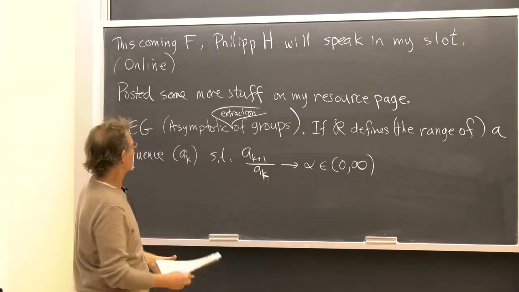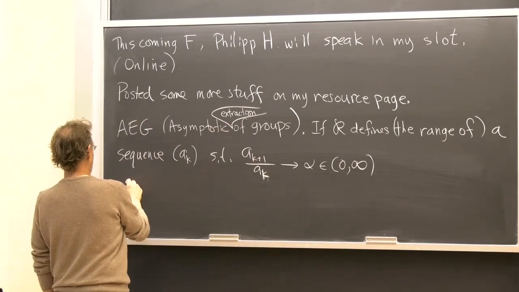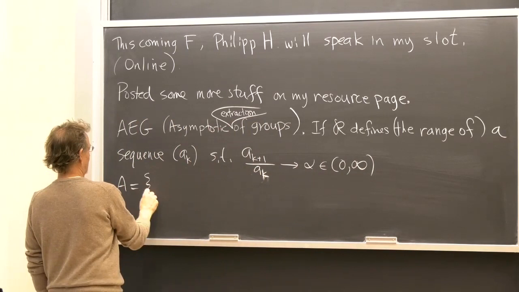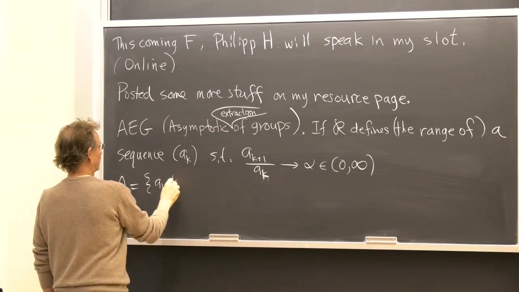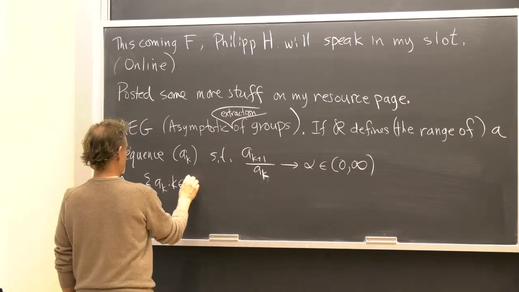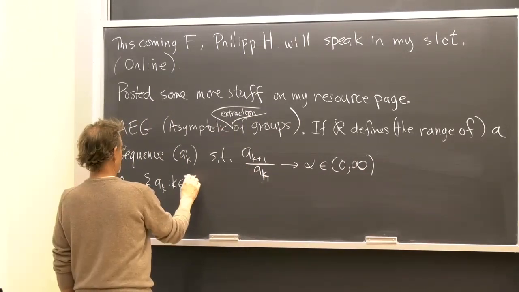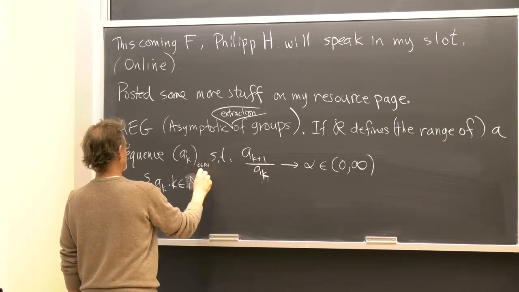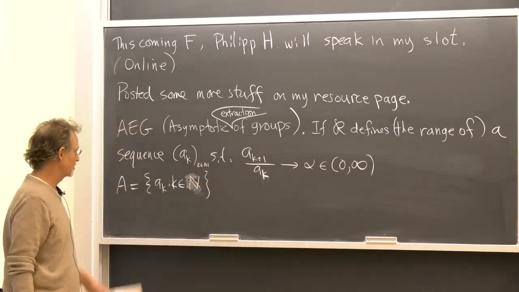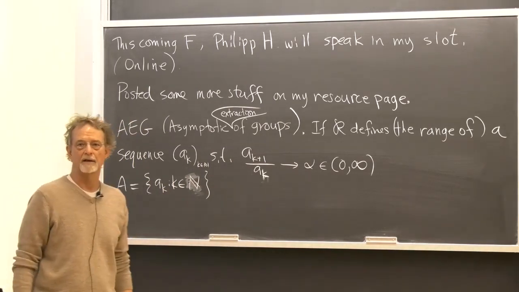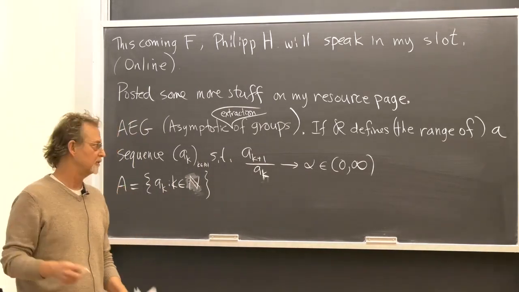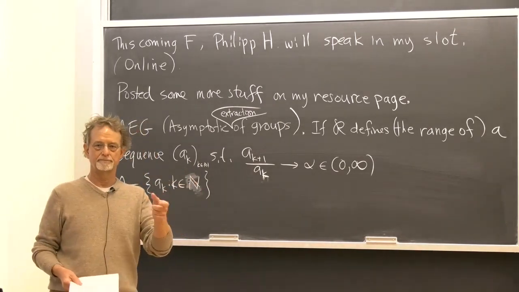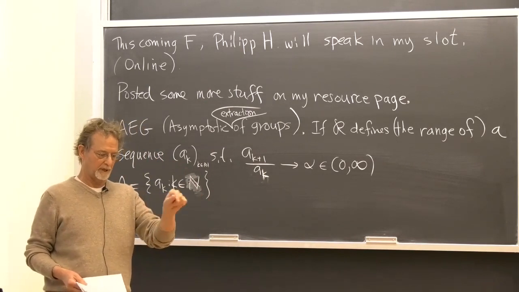All right, so what I mean by the range of this would be the set, let's give it a name. The range is just all the values a sub k, k in n, all right, because this is indexed by the natural numbers at this point. So there's the range of the sequence. So this is really the set I'm talking about. And of course, once it's collapsed there, we might as well assume that this thing is injective, because values will be squashed.